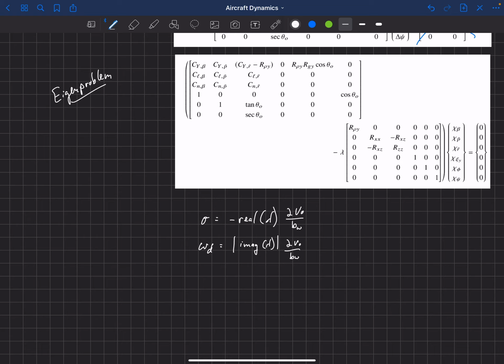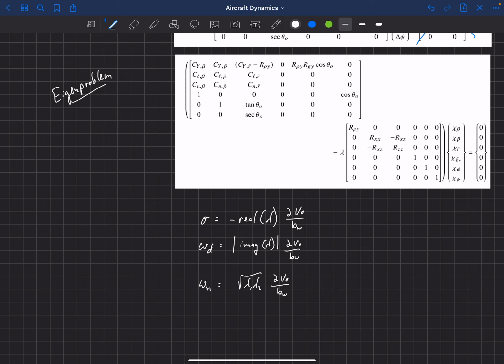And finally, the undamped natural frequency is the square root of lambda 1 times lambda 2, times 2 v naught over b sub w. Okay, so that's how we would redimensionalize information there in order to get actual frequencies and damping.